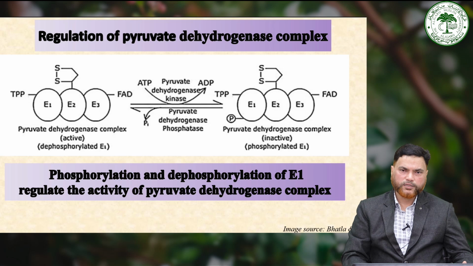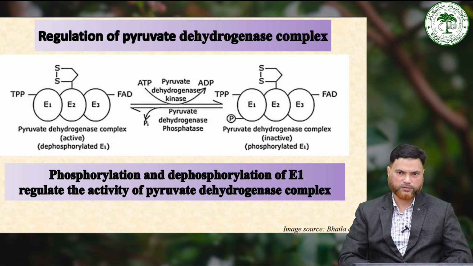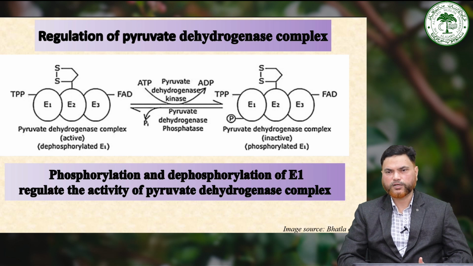So, how is the activity of pyruvate dehydrogenase complex regulated? This is also very crucial. Regulation of the activity of pyruvate dehydrogenase complex, abbreviated as PDH. Pyruvate dehydrogenase initiates a series of crucial reactions, so it is tightly regulated to control cellular metabolism.